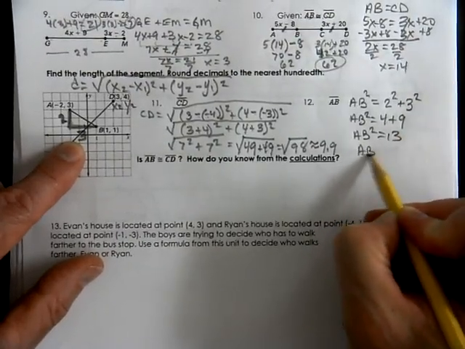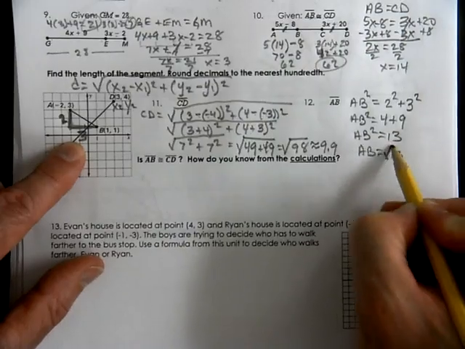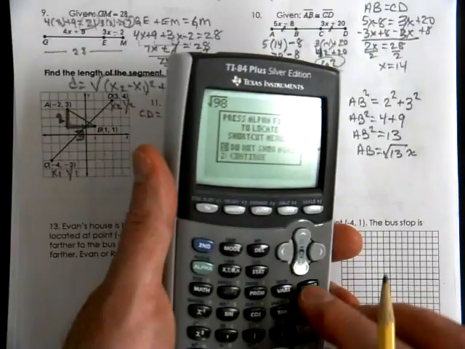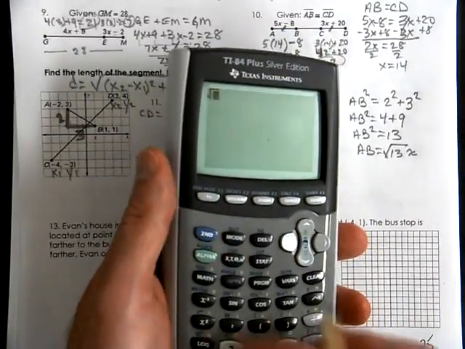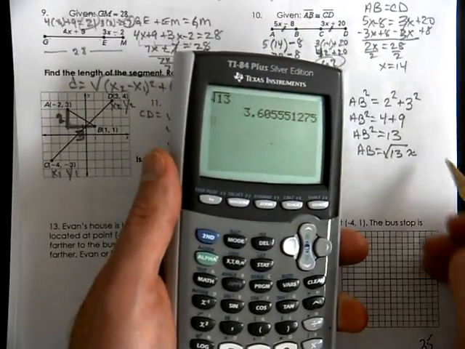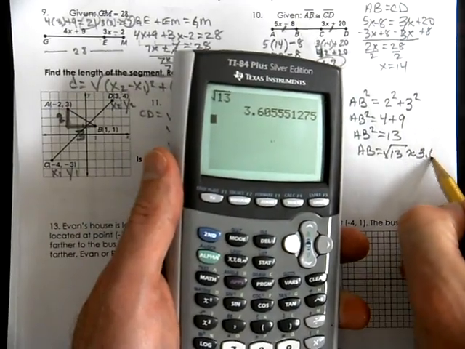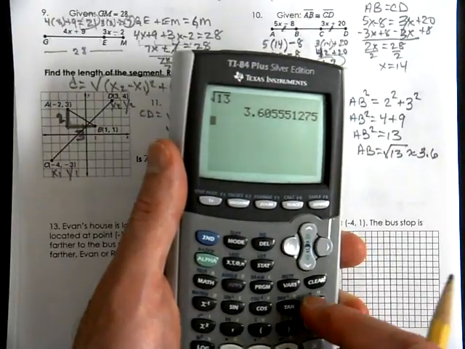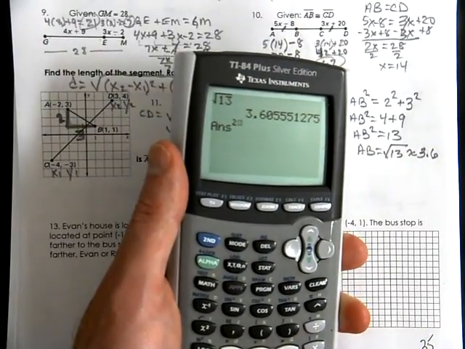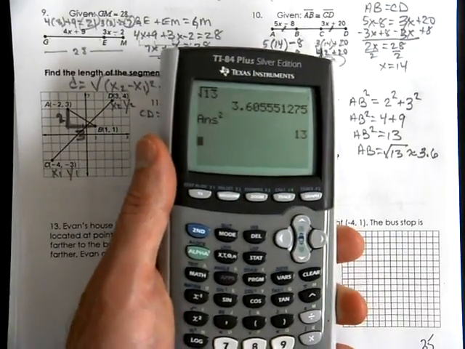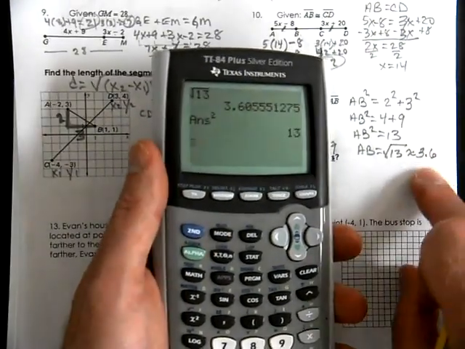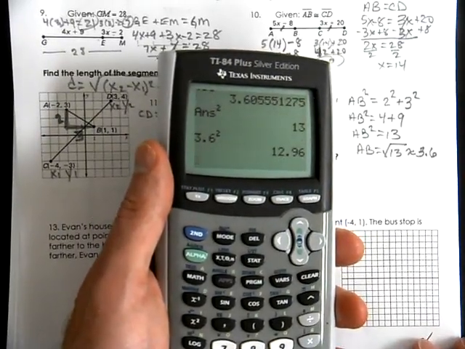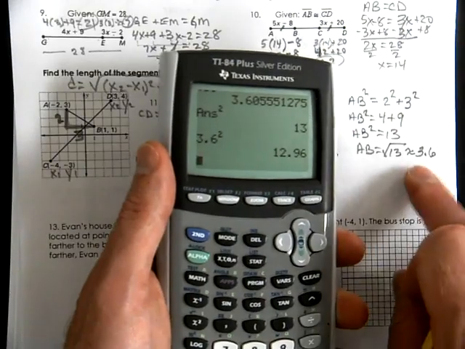So AB itself, we're going to take the square root of 13, and using a calculator, the square root of 13 is 3.6. That means 3.6 times 3.6, if we raise this to the second power, you should get exactly 13. Now, if I use my rounded answer and I square that, that's not going to be exactly 13, because that's a rounded number.